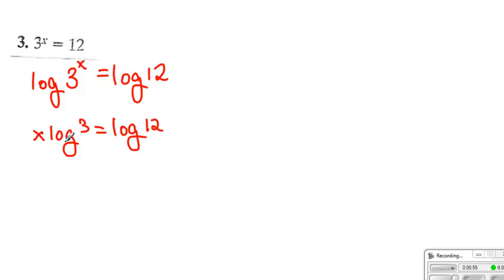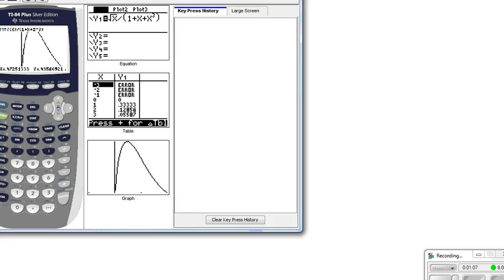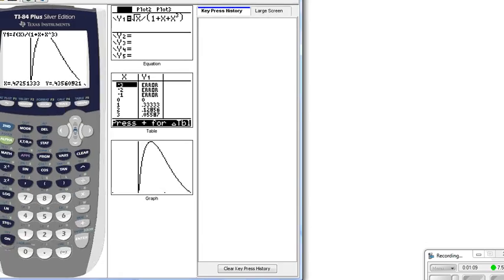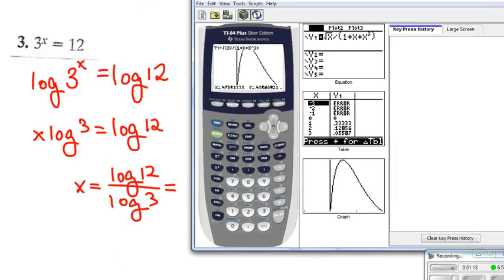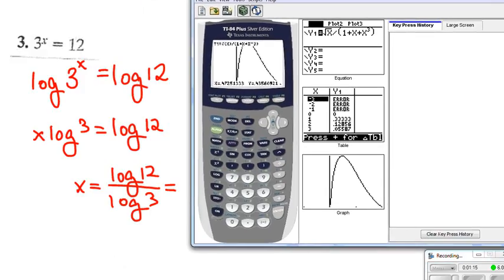Then, by dividing by log of 3 on each side, we'll have x equals log of 12 over log of 3. Now, using our calculator here, we can clear first.